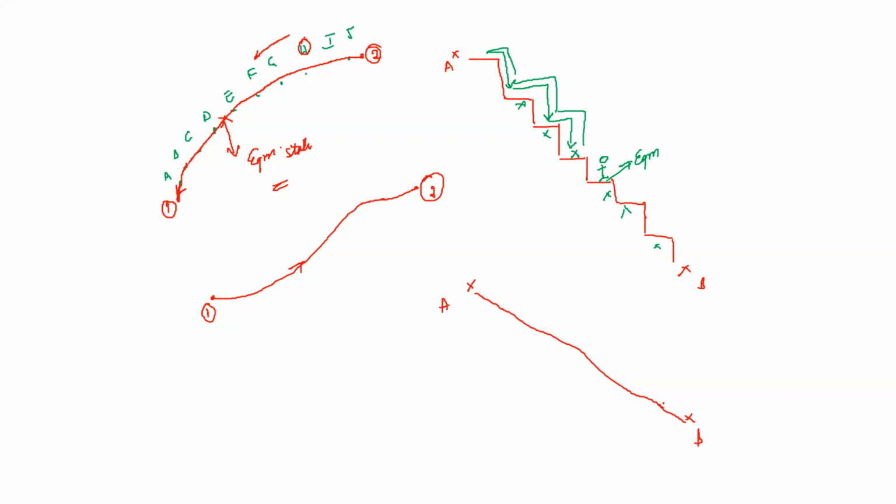Now that's what a reversible process is. Now just imagine that these stairs are not actually countable. Let's say there are uncountable small stairs. So if the person is moving down through these stairs, he would not even feel that he's going from one stair to another.